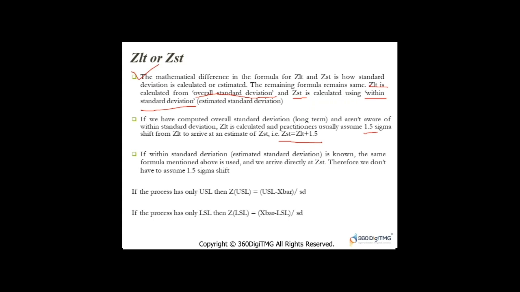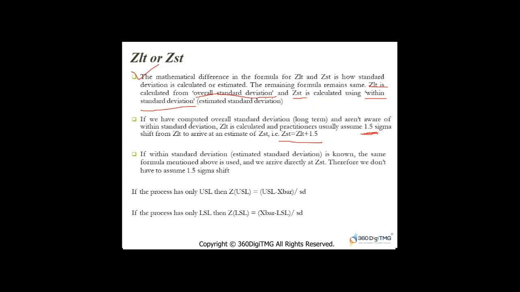I'm using 1.5 because based on umpteen number of experiments conducted by scientists, by mathematicians, they have concluded that there would be a 1.5 sigma shift in the process in the long term. Hence, people say there has to be continuous improvement. Plan, do, check, act, cycle, right?